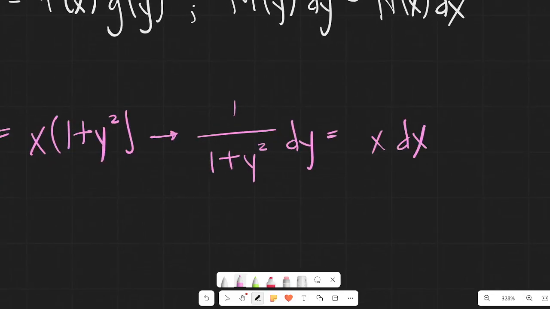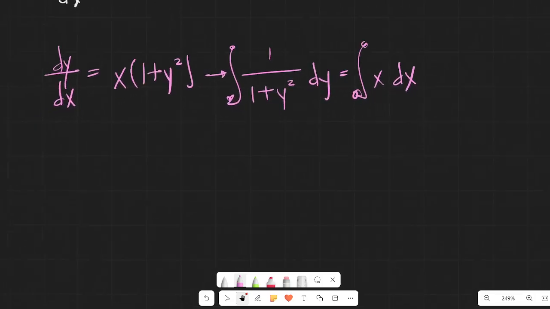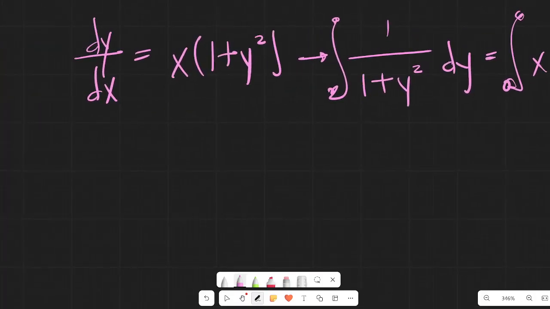And then you look at these expressions on each side of the equation, and you're probably thinking, this looks like an integrand, but there are no integral symbols. Well, luckily for us, the integral is a linear operator, so we can apply it to each side of the equation. And by integrating, we can actually solve this diff-EQ. Knowing our trig identities, we should recognize fairly quickly that the first integral is equal to the inverse tangent of y.